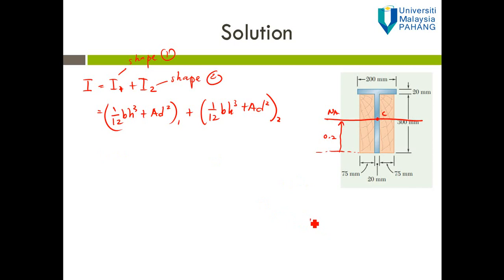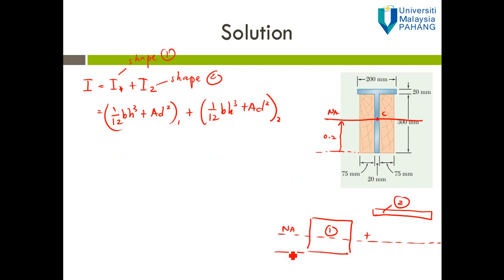So I draw again. This is shape number 1, and then plus shape number 2. Then that's the neutral axis, located at 0.2 from the datum. For shape number 1, 1 over 12 times B. What is the B?